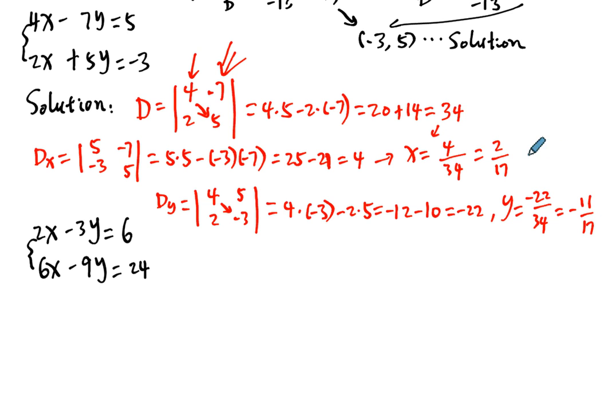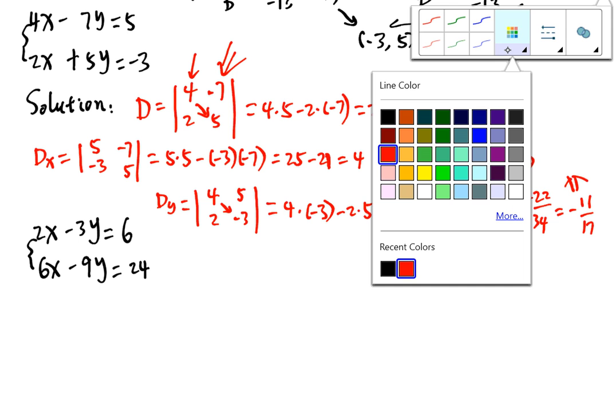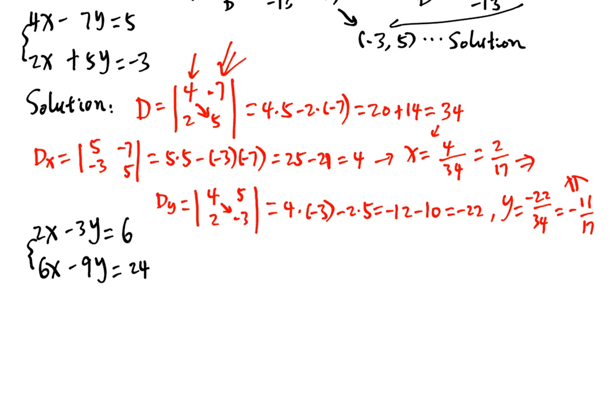So what's the solution from here? You shall have an x value of 2 over 17, and a y value of negative 11 over 17. So that's the solution.